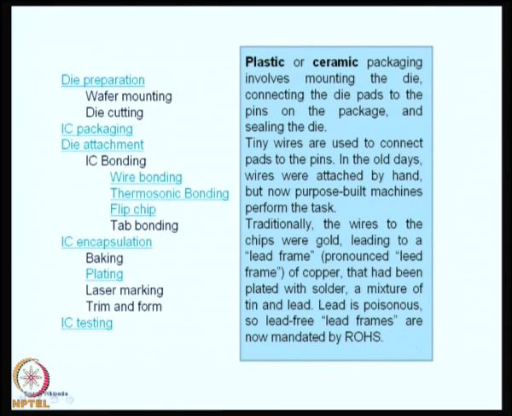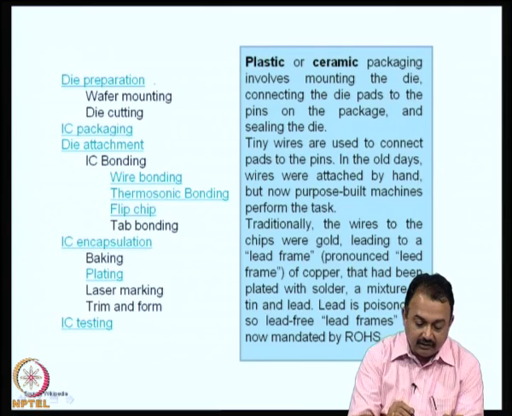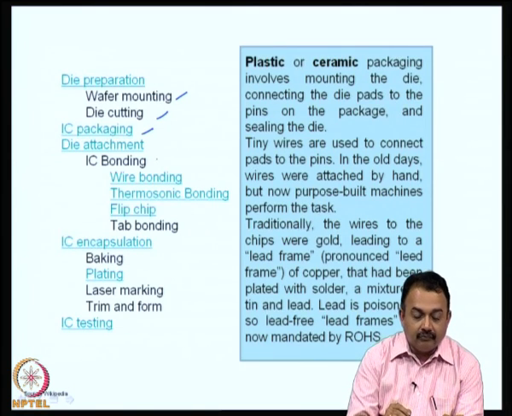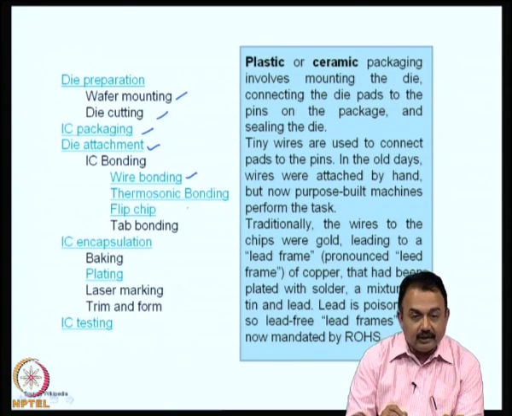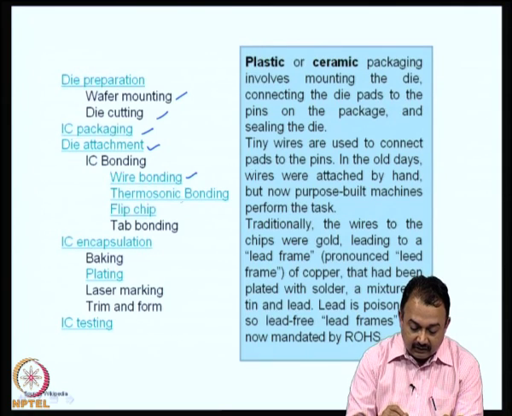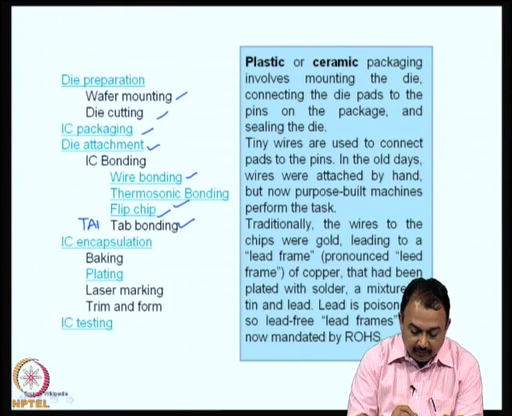The back end process will involve processes like die preparation, wafer mounting, die cutting, IC packaging, die attachment like IC bonding, wire bonding, which includes subsections or processes like thermosonic bonding, flip chip attachment, tab bonding. Tab is known as tape automated bonding.